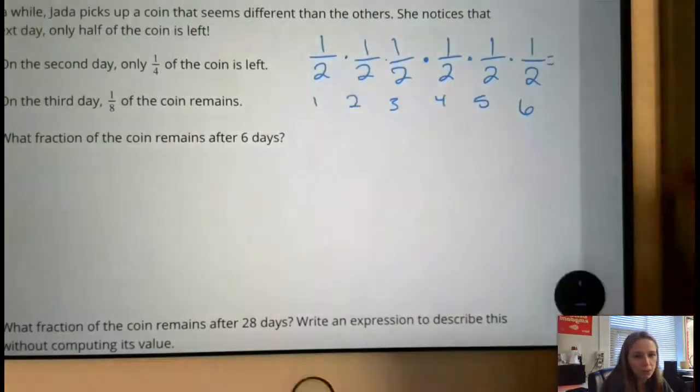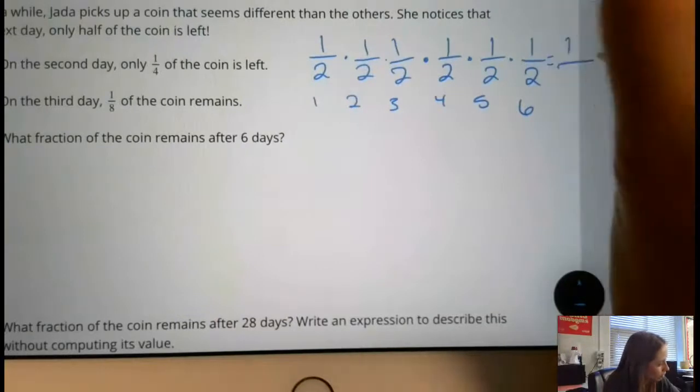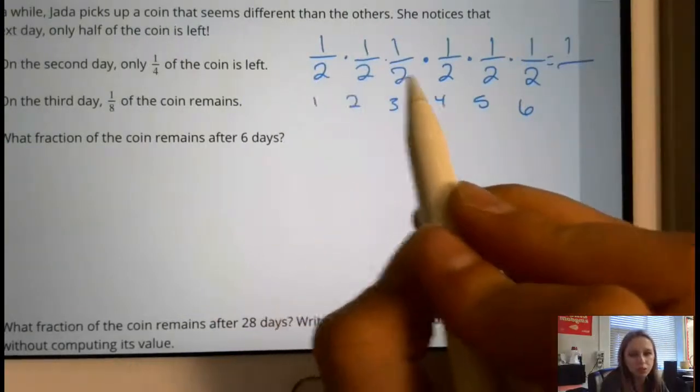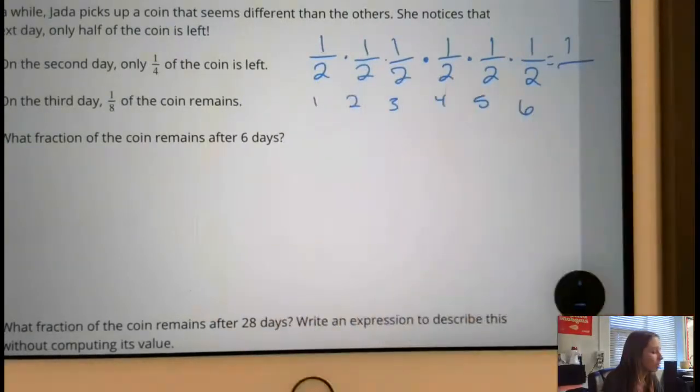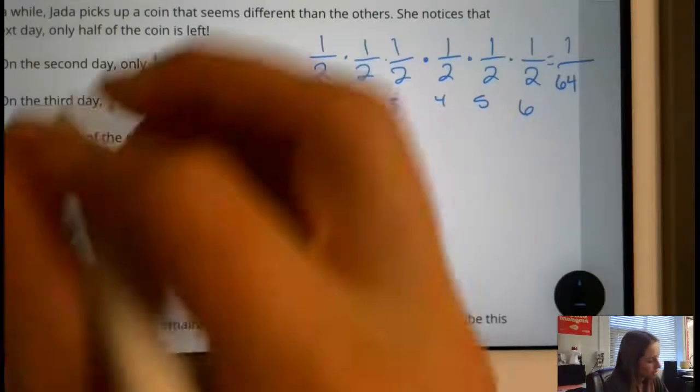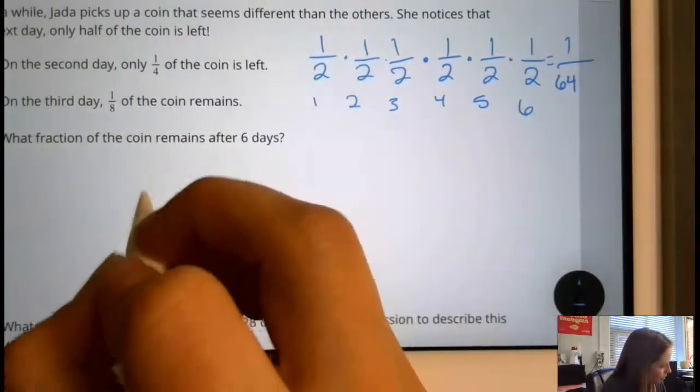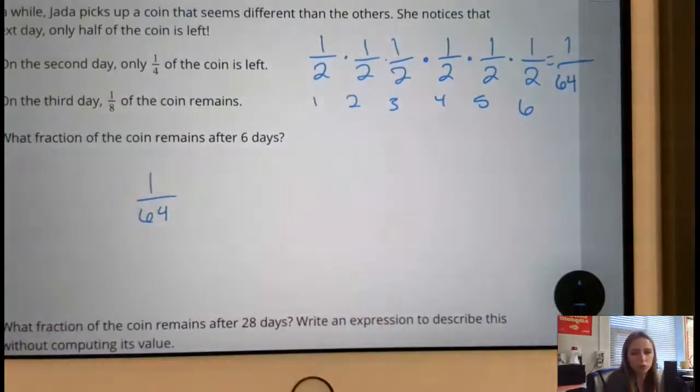So 1 times itself 6 times is 1. And then 2 times 2 times 2 times 2 times 2 times 2 is 64. So 1/64 of that coin remains. So not a whole lot.